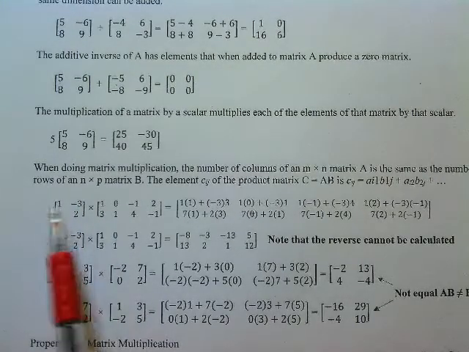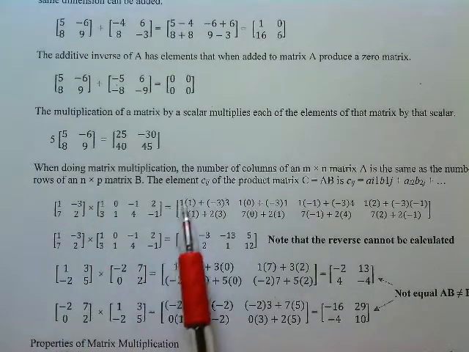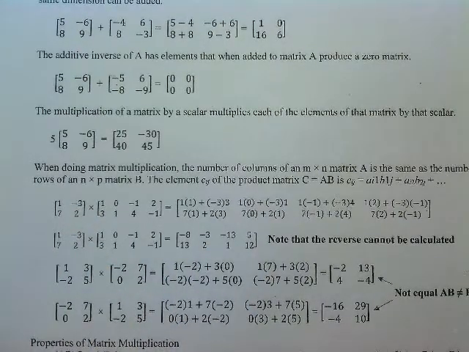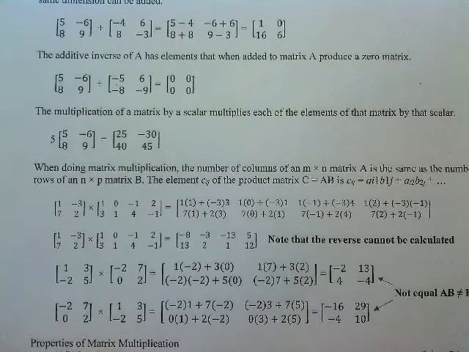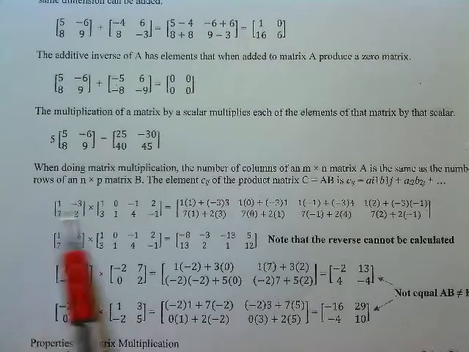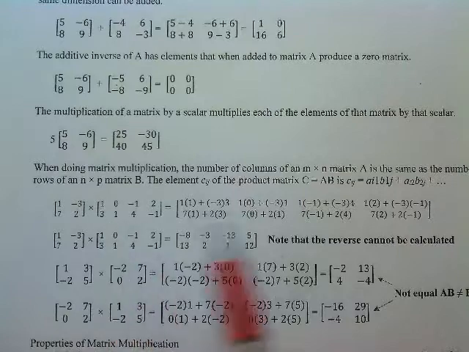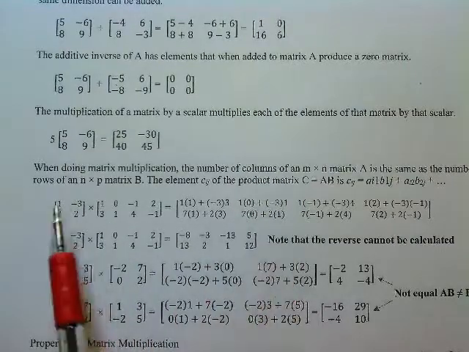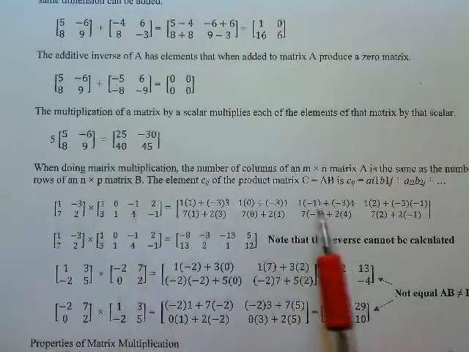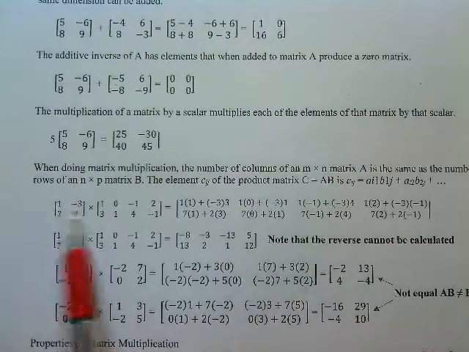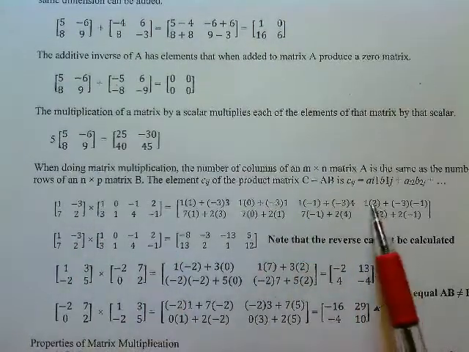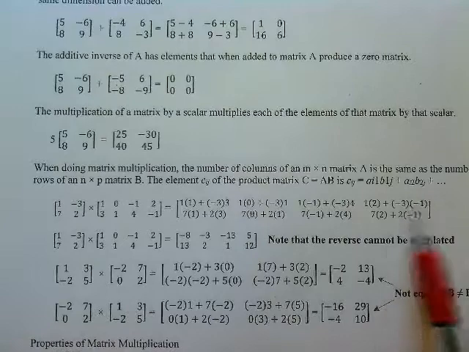So in other words, this way goes with that way, and all of that ends up being in the first element of the product of multiplying the two together. And then you would take these two and multiply them by those two, and that's what goes into the next one. Then these two by those two, that goes up here, and then these two times those two, and that makes what we have over there.